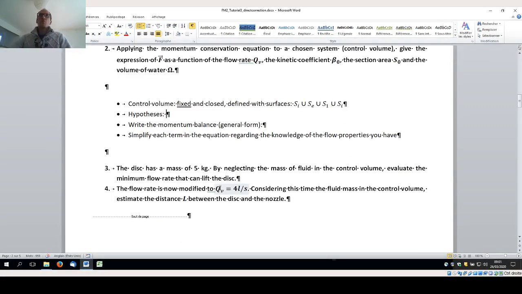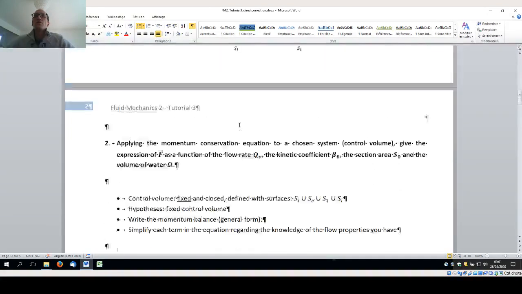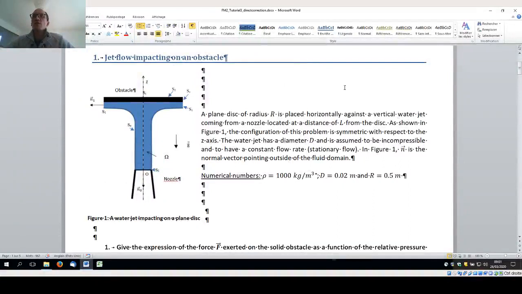So, going back to our momentum conservation, we'll make a few assumptions in order to express the momentum balance. The first one is that we use a fixed control volume. And then the flow is incompressible and stationary.